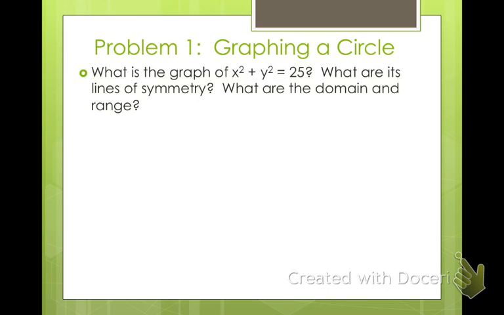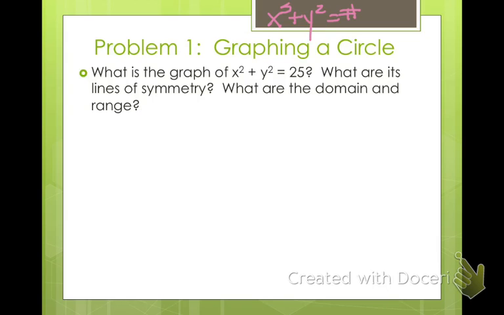So first one is a circle. What's the graph of x squared plus y squared equals 25? What are its lines of symmetry, and what are the domain and the range? Since we don't know how to graph conic sections yet, or what their formulas mean, we can just look at this and say that a circle is x squared plus y squared equals a number.